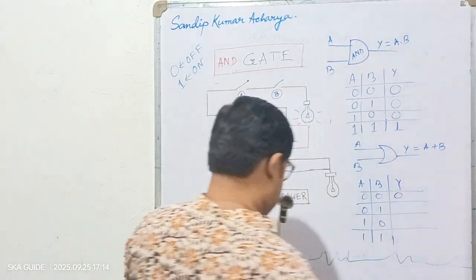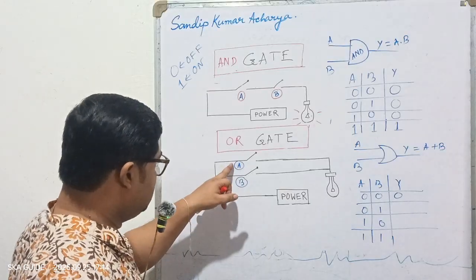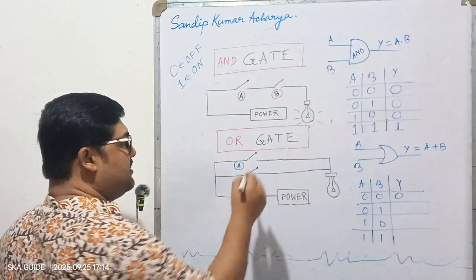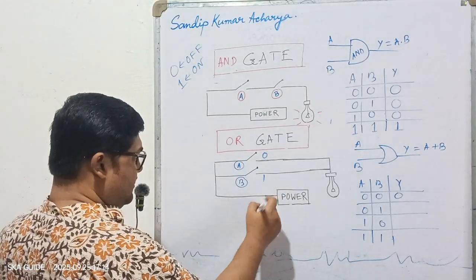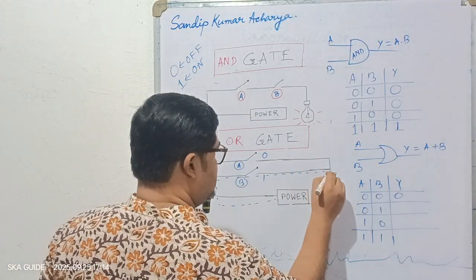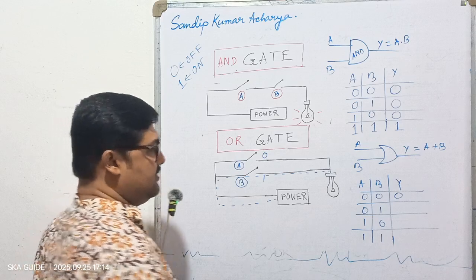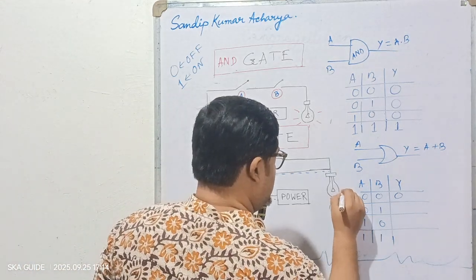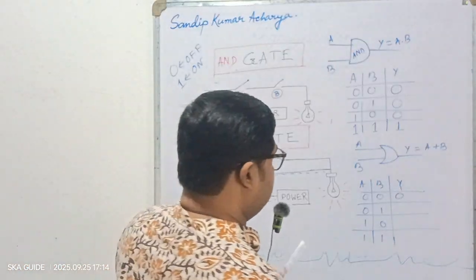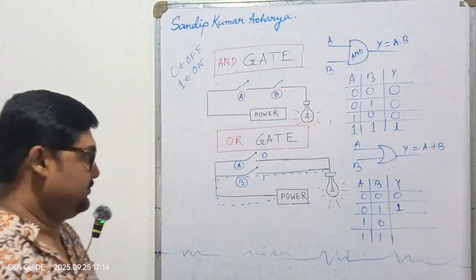Fine. For the second case 0 and 1, A is 0, B is 1, so this circuitry will be closed, right? You can see that current can flow in this way and reach the bulb, and the bulb can glow. So you have 1 or high as the output for 0 and 1.